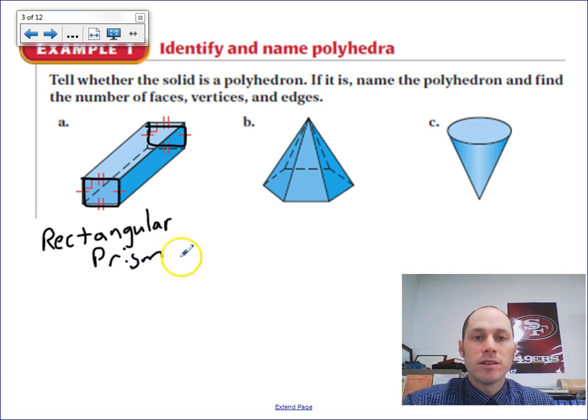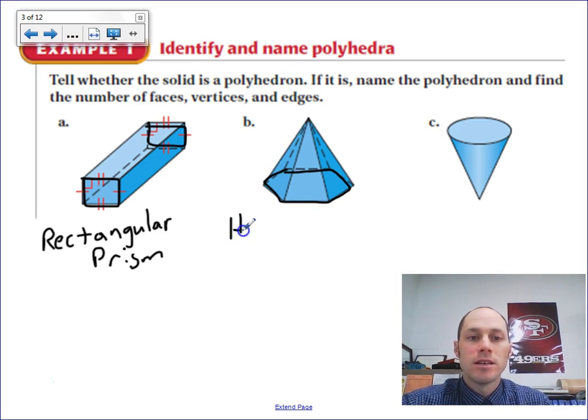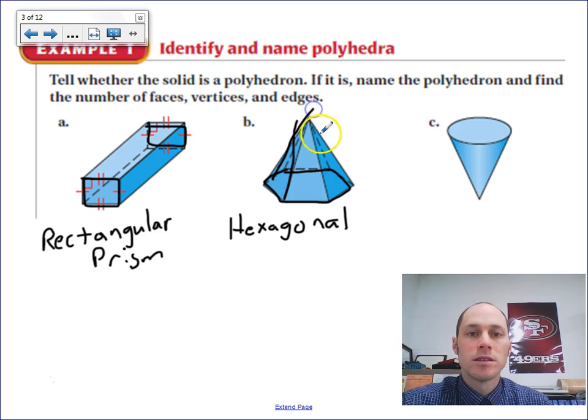The next figure we would call a pyramid. It starts off with this base. The base shape is a hexagon, so we'd call this a hexagonal pyramid. Pyramids are different from prisms in that they all go up to one point.